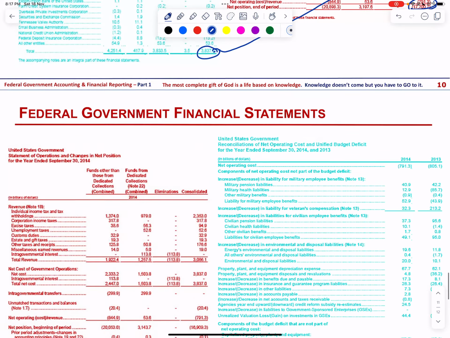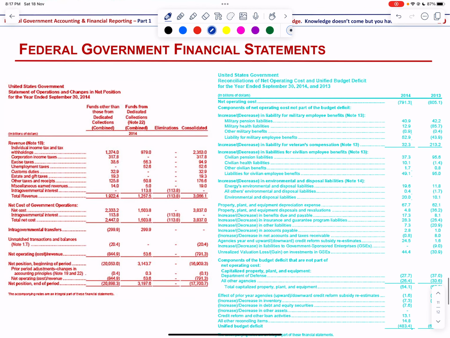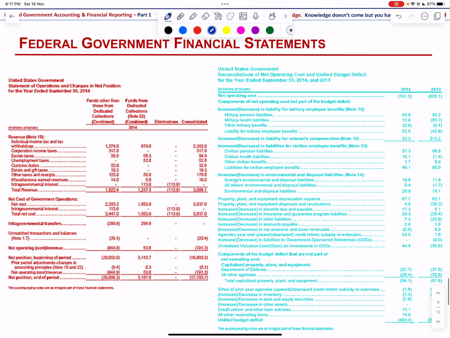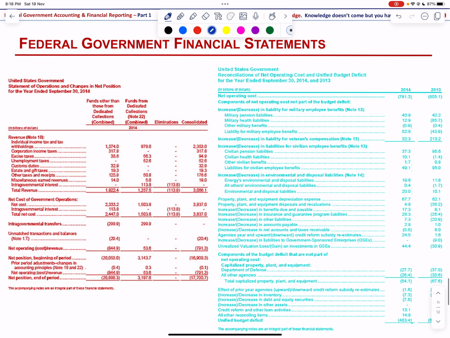Next, we will talk about the reconciliation of net operating cost and unified budget. Now, the basis of accounting in federal budgeting is primarily a cash and obligation basis. Hence, the reconciliation of net operating deficit of 791.3 billion, and this amount is recorded from the statement of operation and changes in net assets, that is, we can see over here.